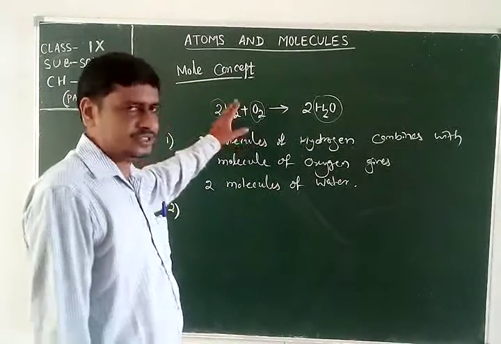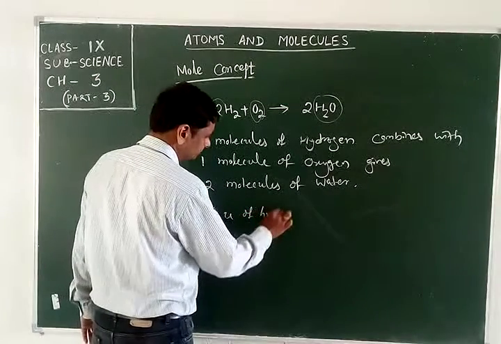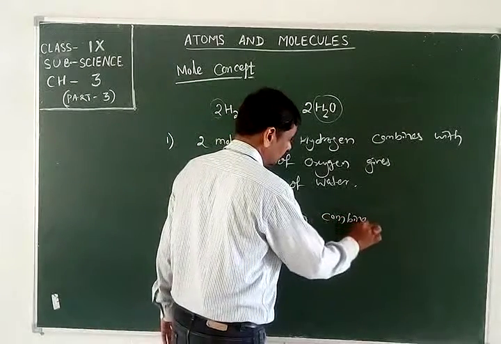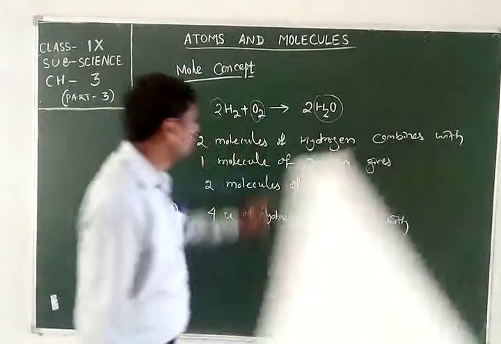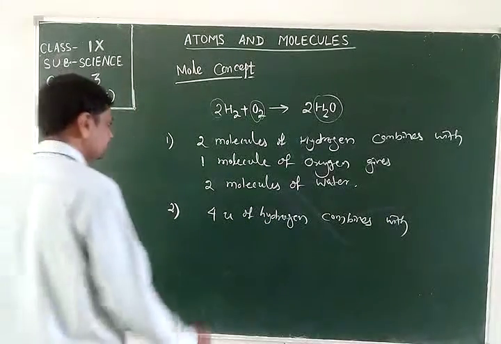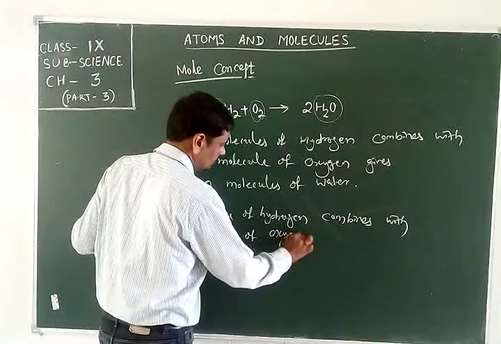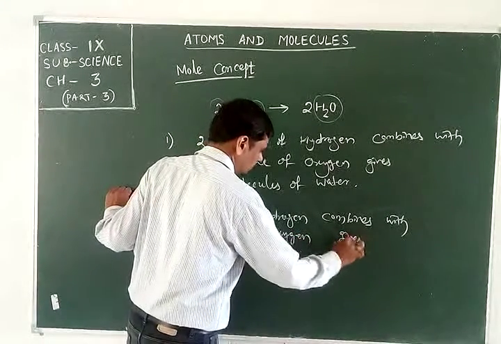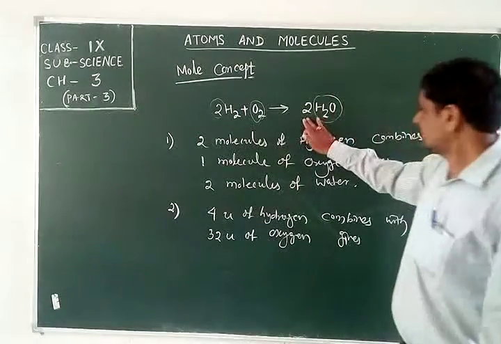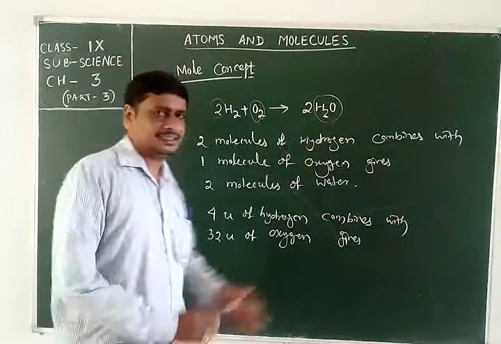Two molecules of hydrogen have 4 units of hydrogen, which combines with 1 O2, the mass of one molecule of oxygen being 32 units. 32 units of oxygen gives 2H2O, two molecules of water. Here, two molecules of water have a mass of 36 units.